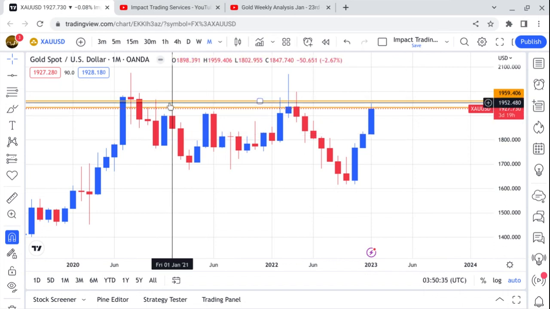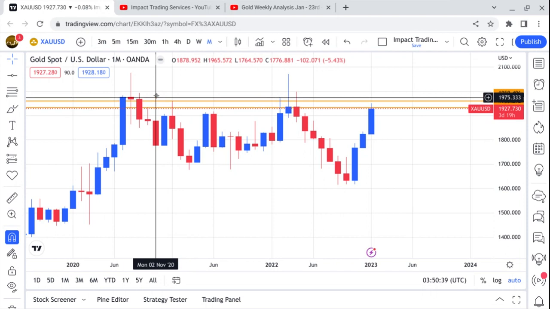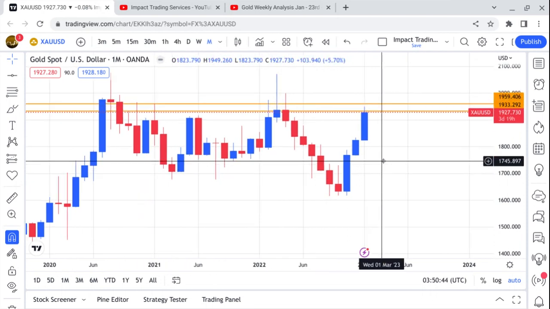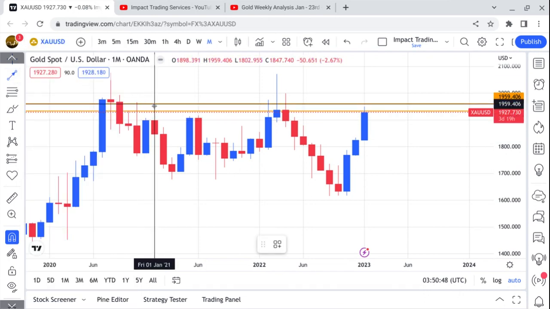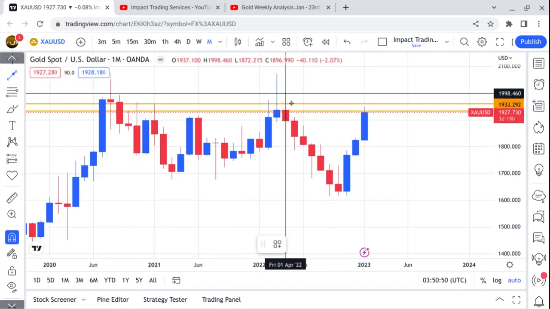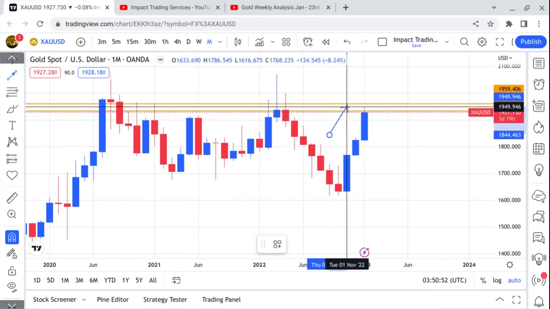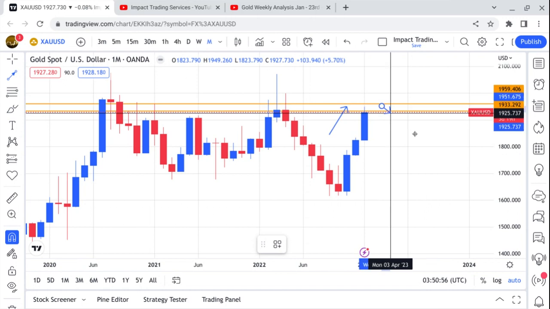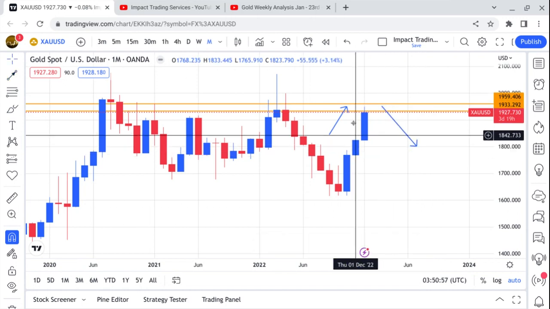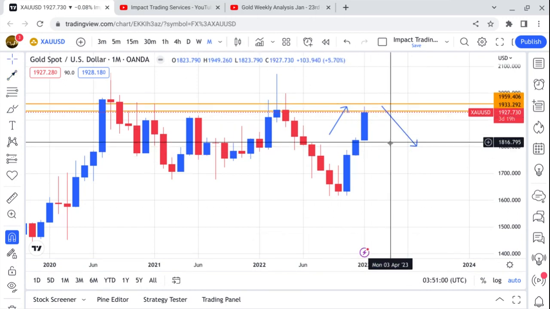So that is telling us there are already a lot of sell orders in the market. Now remember, the market only moves up and down because of market orders. So when price reaches these areas and you see these long wicks, then you know that there's a lot of sellers waiting for price to come up into this area so that price will be moved down from that area.